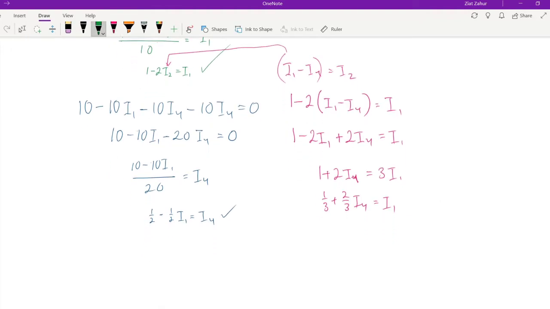Now we can substitute this into here. This gives us 1/2 minus 1/2 times (1/3 plus 2/3 I4) equals I4. Yeah, it looks very messy.